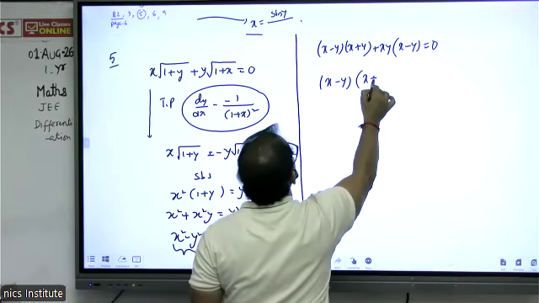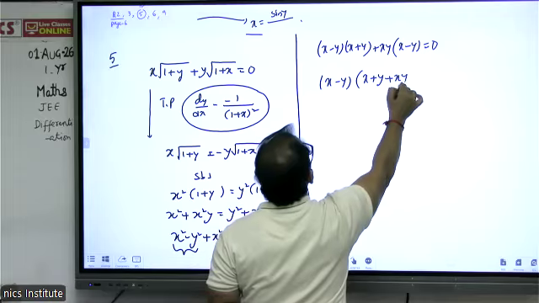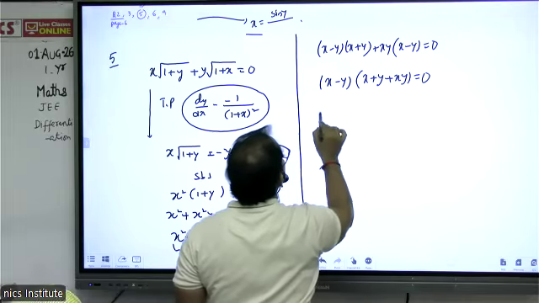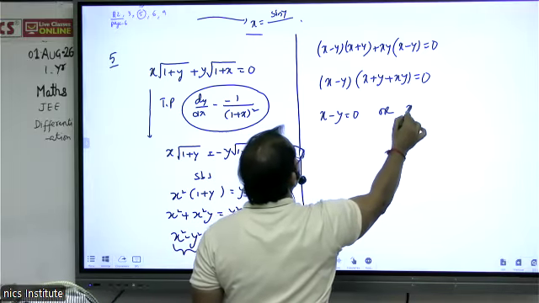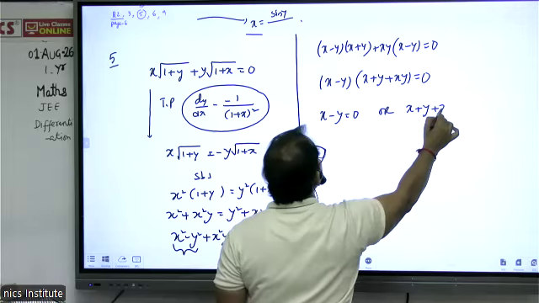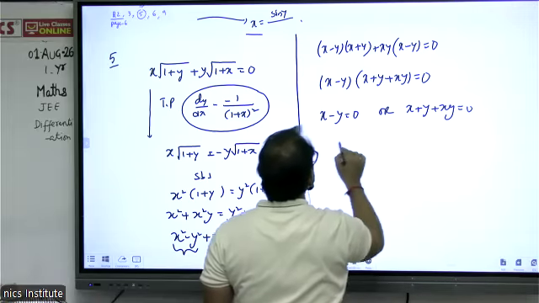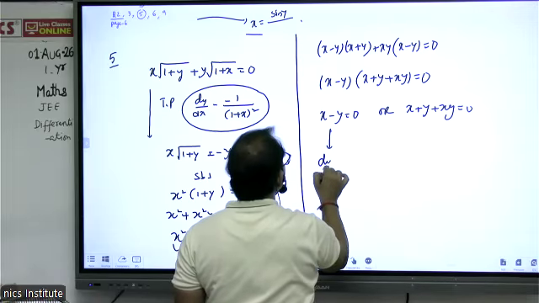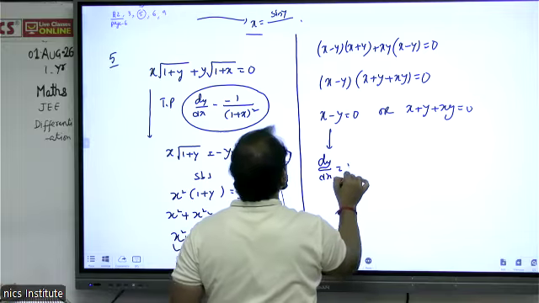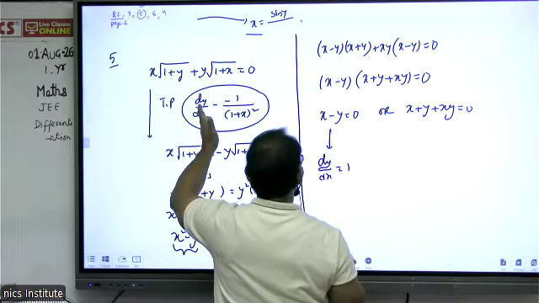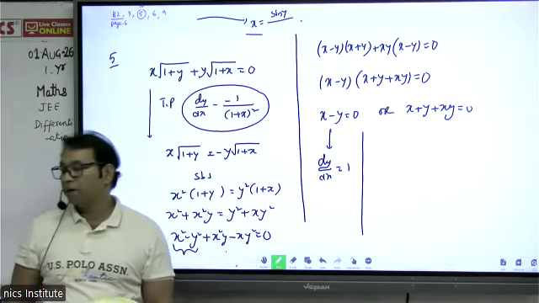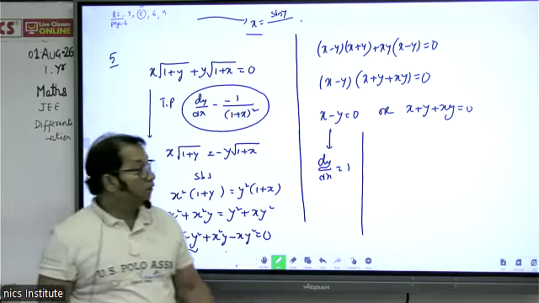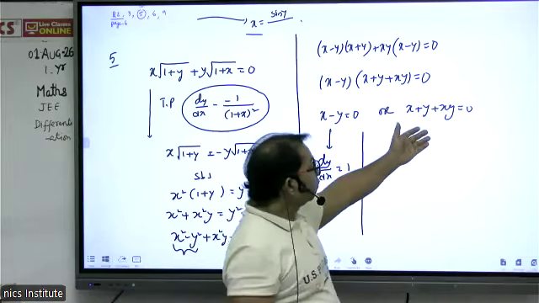So x minus y is equal to 0 or x plus y plus xy is equal to 0. If I differentiate this, I get dy by dx as 1. So I discard this because I want to prove this. That is, I need to differentiate that. But if you differentiate this directly, you won't get the answer.